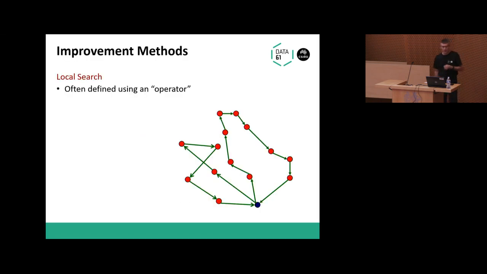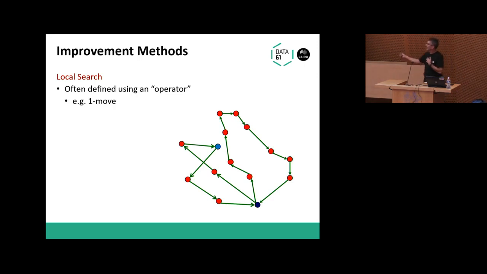Okay. So, local search. Local search in this and other combinatorial optimization problems is often defined in terms of an operator. One operator is a one move. That's simply moving one customer into a different position on the route.